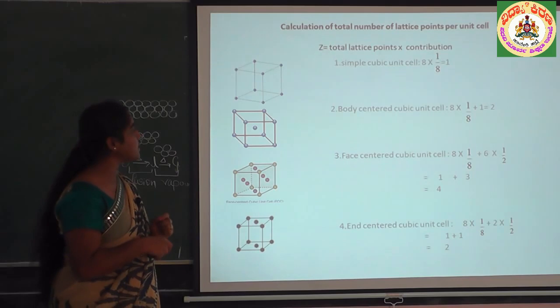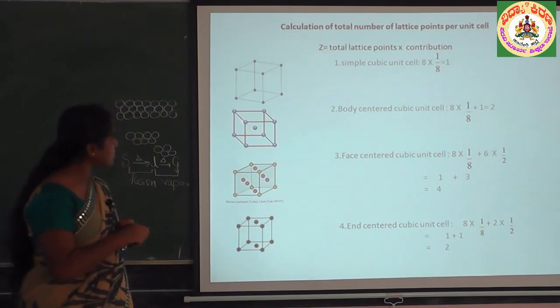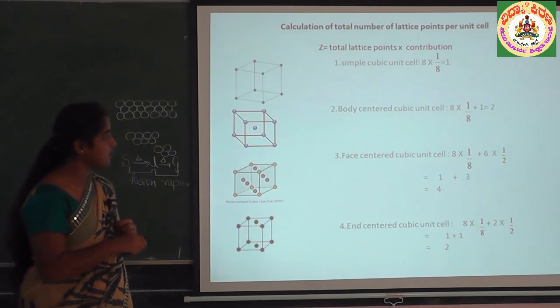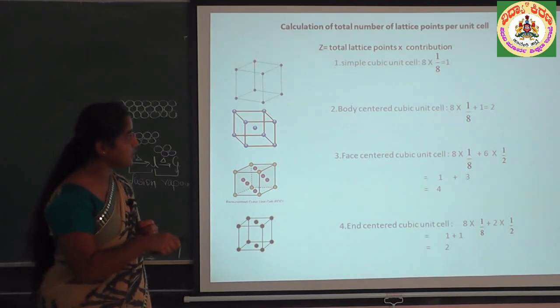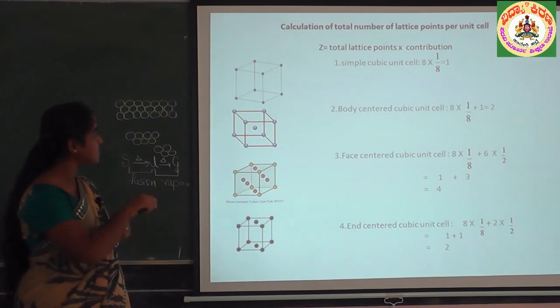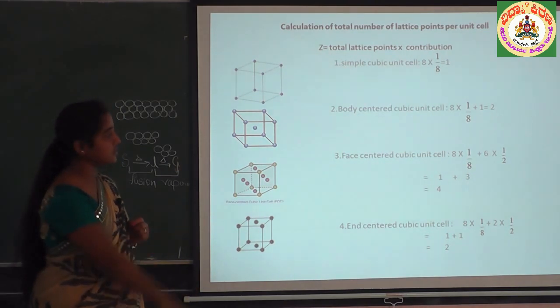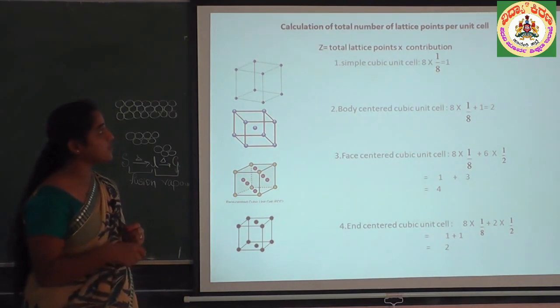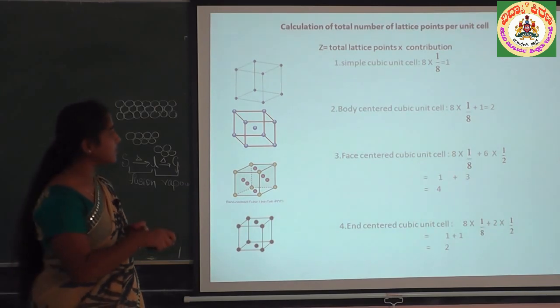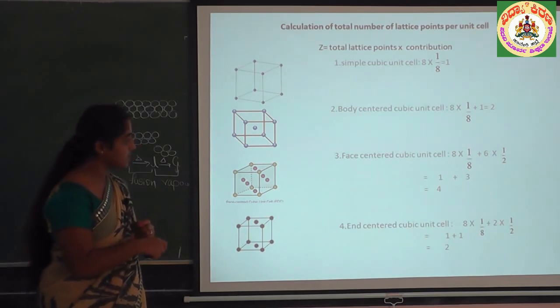Then if we consider the body centered cubic unit cell, 8 lattice points are present at the corners. So it is 8 into contribution 1 by 8, plus 1 is present at the center of the body. So add plus 1, we end up with 2. There are 2 total lattice points per unit cell. Then see here, the face centered cubic unit cell.